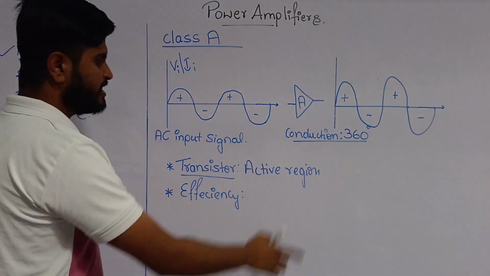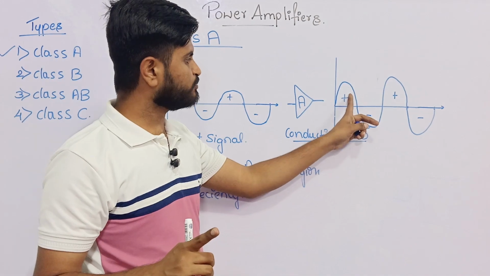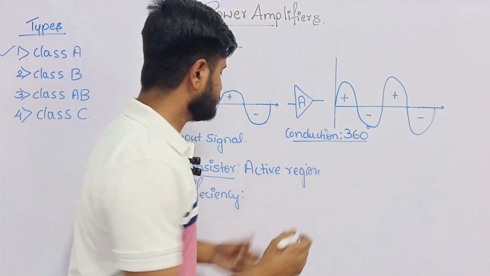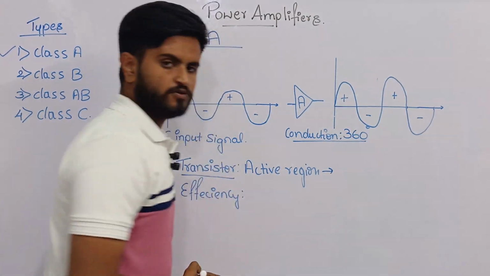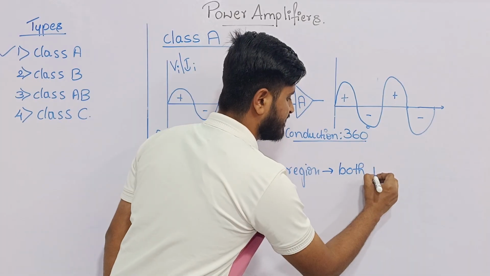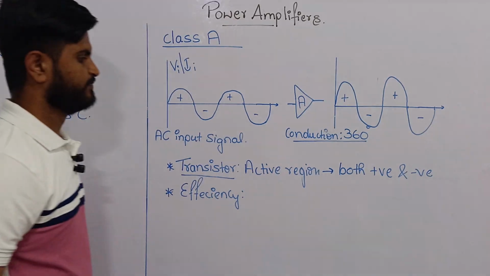So you can tell that since it has 360 degree conduction, that is, both positive and negative half cycles are amplified, the transistor will be in the active region for both positive and negative half cycles.